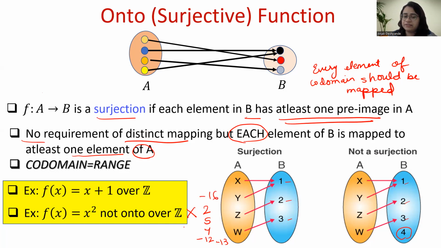Even -16 is not a perfect square. So there are many elements that will be left out in the set B. The non-perfect-square positive numbers will be left out, as well as all the negative integers. So that is why it is not a surjection.